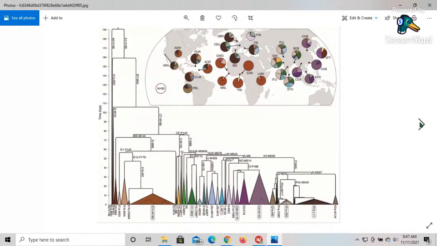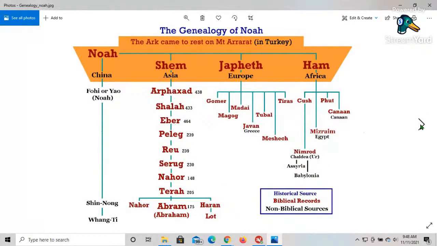So this is hard to tell because of all the drab colors here. It's hard to tell what's what here, but you can see the A, B, D, E, C. You can spend a lot of time looking at the map, which I don't have time for right now. But here's the genealogy of Noah.